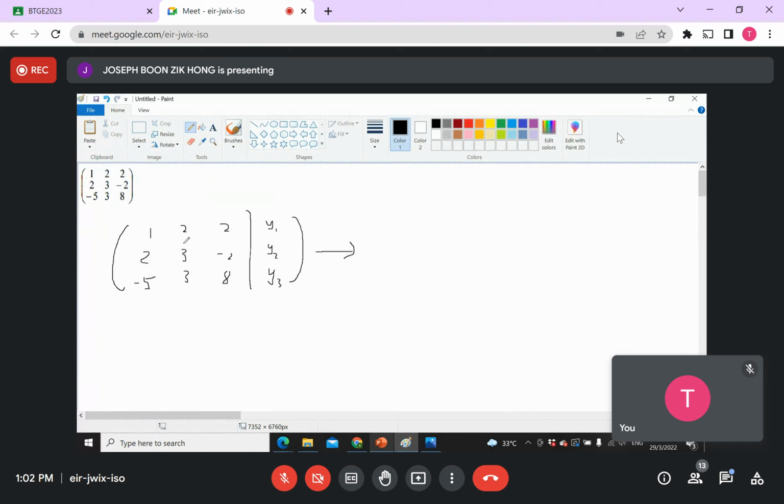Since it's already 1, I will have -2r1 plus r2, and then 5r1 plus r3. If you can do it quickly, then you can just proceed directly. So I will have 1, 0, 0. So 2, 2, y1.